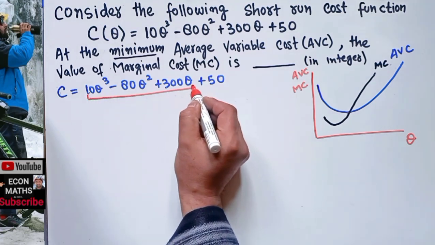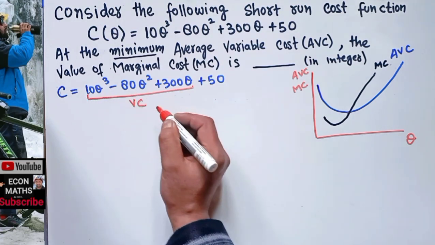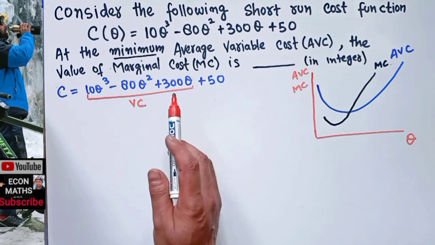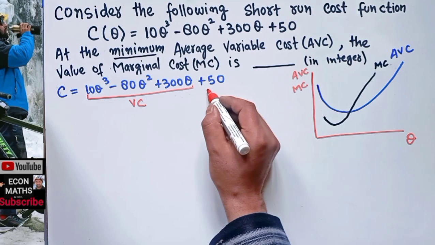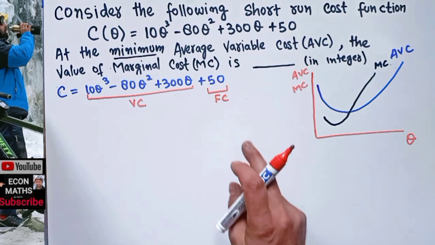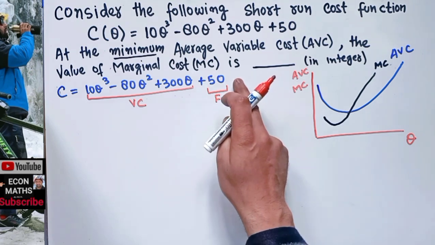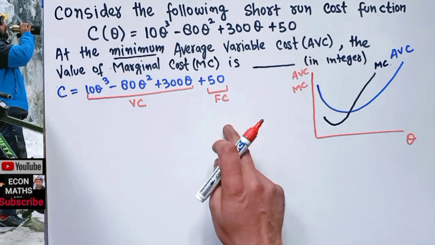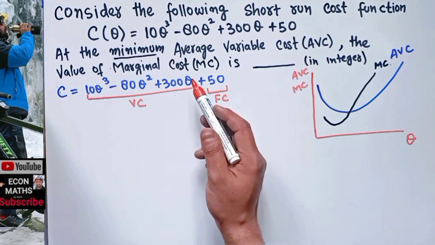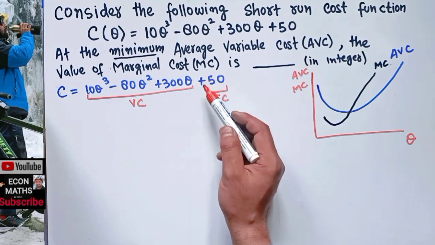The terms where q is involved is our variable cost, that very cost which changes with the change in output level, and this constant which is 50 here, it will be fixed cost. Okay, this 50 of fixed cost has to be incurred by the firm whether production is 0, 10 or 100. This is a fixed cost.